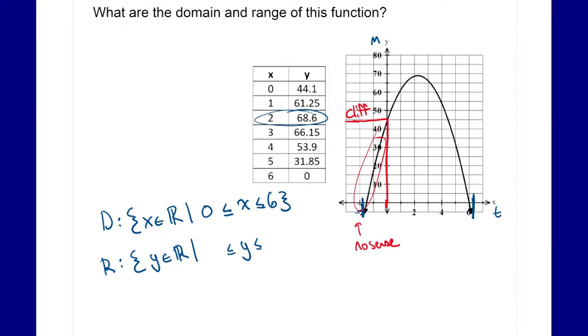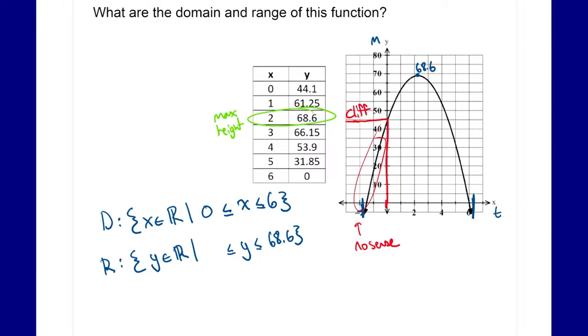I can see that the maximum height is here, so I know that's going to be my highest possible value, 68.6. Based off of our values, that's the maximum for our range.